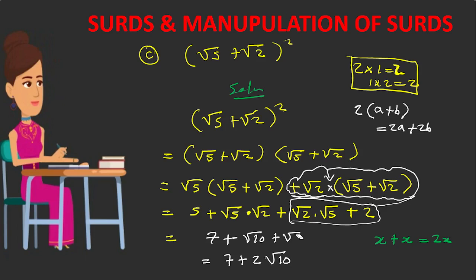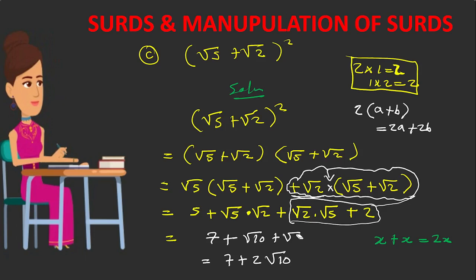Then the next thing you're going to have is, according to the first rule, this is the same as 5 times 2, okay? Then you're going to say plus, according to the first rule, this is the same as 2 times 5, like that.